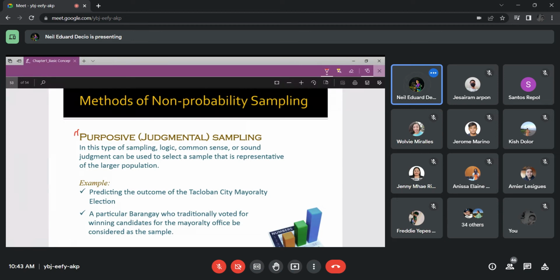You group yourselves, according to my list, there are 53 of you. Maybe 3 groups, 3 members per group?